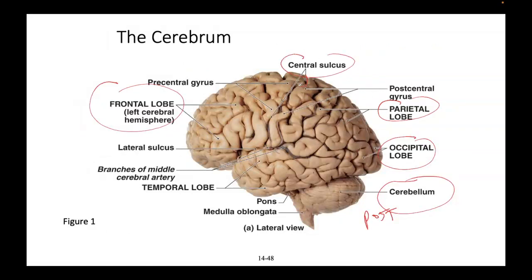Here's the central sulcus. I'm going to outline it. It goes all the way down through here. The central sulcus is the only one that goes all the way down right to that temporal lobe. And it's the delineation between the precentral and postcentral gyrus. Okay. Here's your medulla, here's your pons, and then your midbrain would be higher.